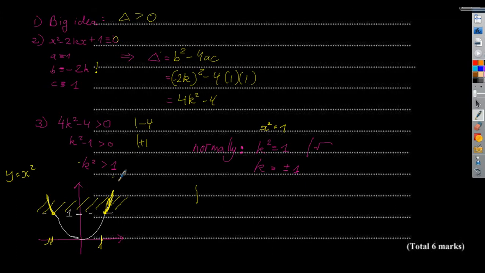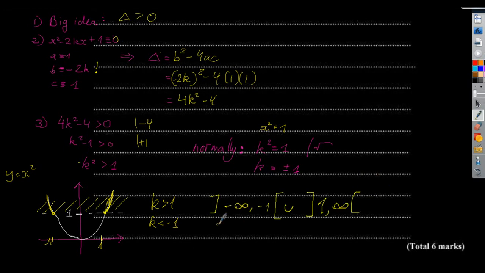You can see k squared is larger than 1. If that is true, then k must be larger than 1, or k must be less than minus 1. Okay. So the set of possible values for k is from negative infinity to negative 1, and from 1 all the way to positive infinity.